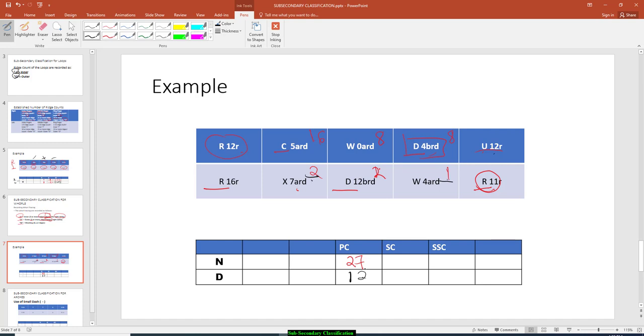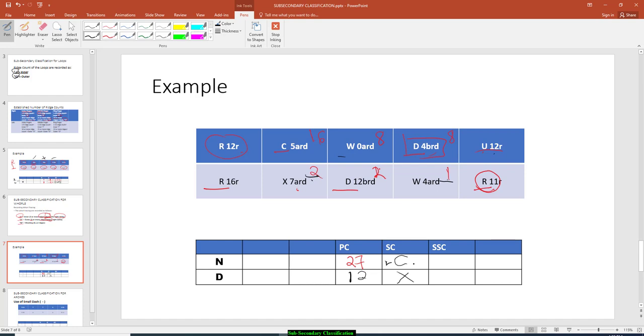Secondary classification, we have central, we have accidental. Okay. Now, a small letter group. We have, does not belong to small letter group, these fingers. We have the thumb, it belongs to small letter group.